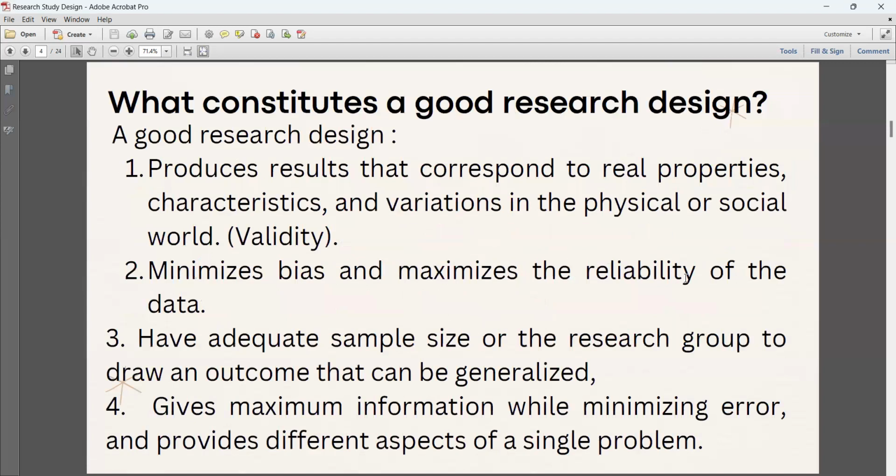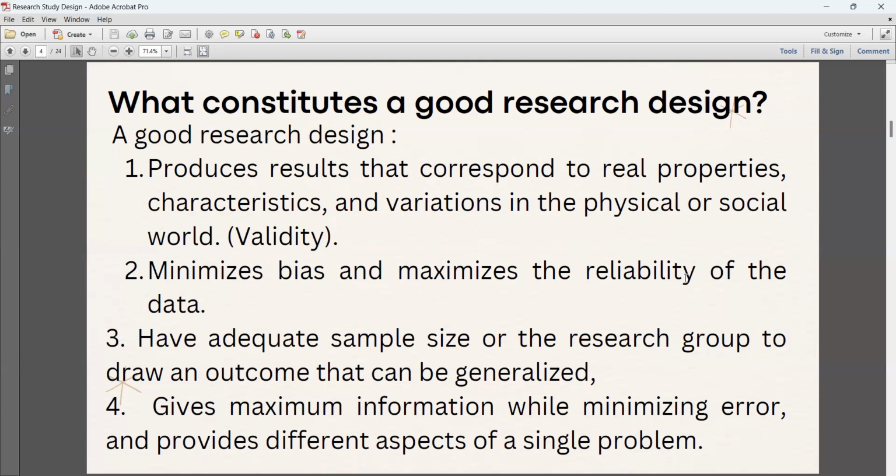So what do we mean if we say a good research design? We mean a design that will produce results that represent the real properties or characteristics of that particular research topic.